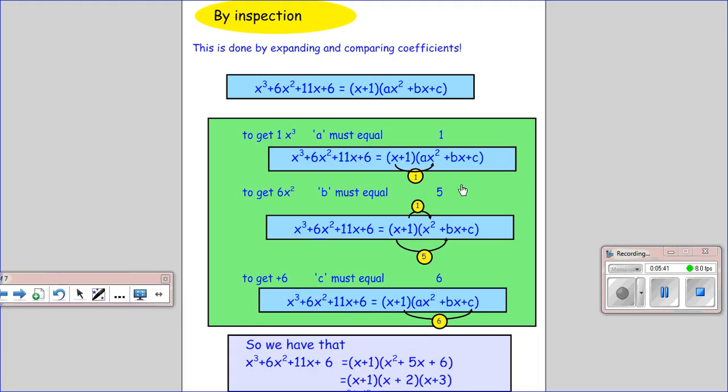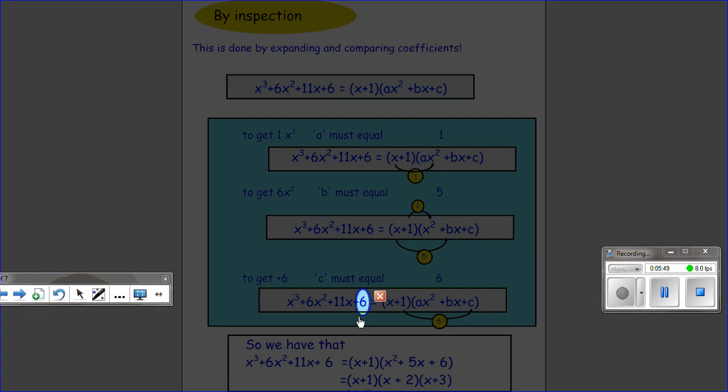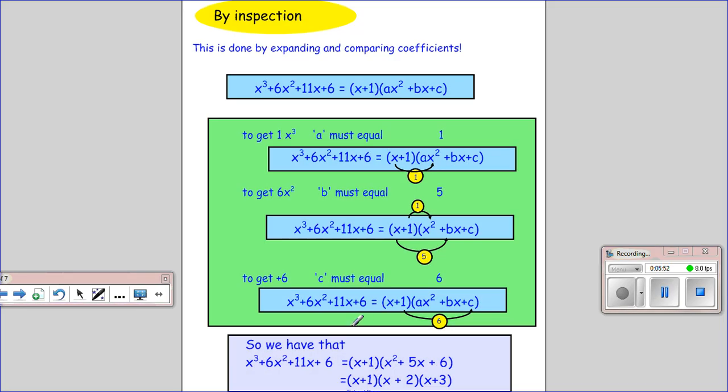And then the last one, actually, I do sometimes do before the one above because it's nice and simple. I want to get 6 here. What's going to just generate a constant with no x's in? It's only going to be the 1 times the c, so the c must equal 6.